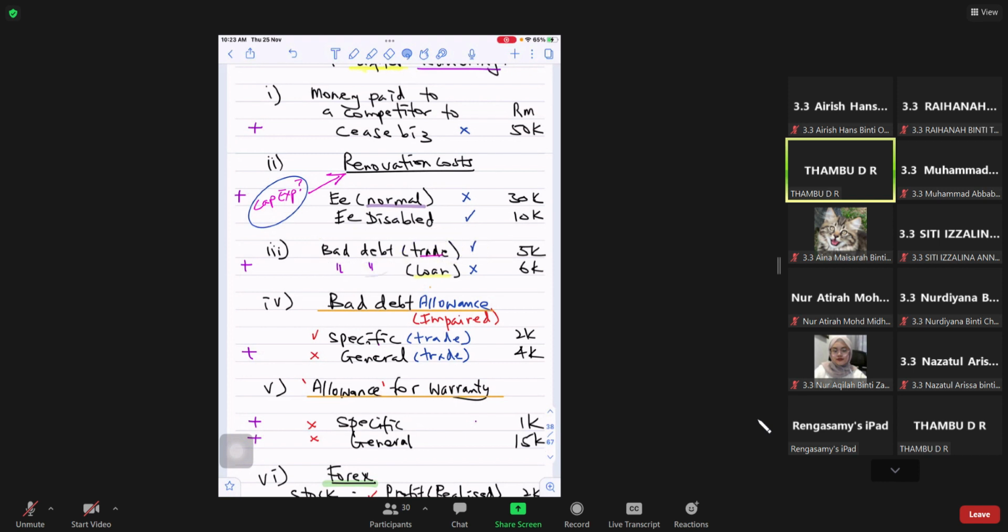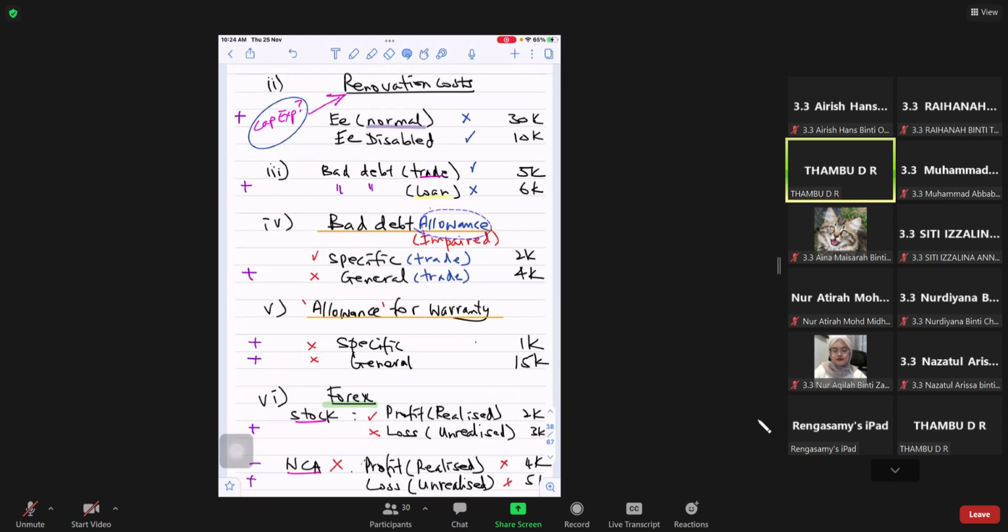If there is a bad debt for a loan, that means you lend money and they don't pay. You're not a money lender. This is non-trade. Non-trade, add back. Next, we look at bad debt allowance. The word allowance is different from bad debt. Bad debt allowance means expected.